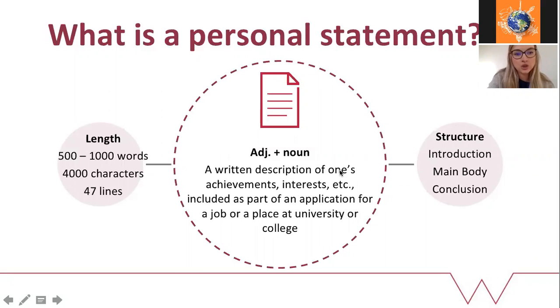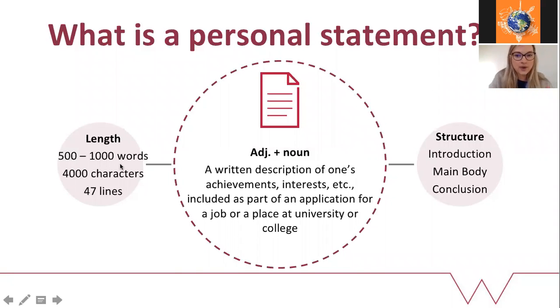So you're talking about your achievements, you're talking about interests and something else. So that's what we will cover in the presentation. We'll cover what you're talking about in your personal statement. And a personal statement has got some characteristic features. It's got some appearance. So it's got a particular length.